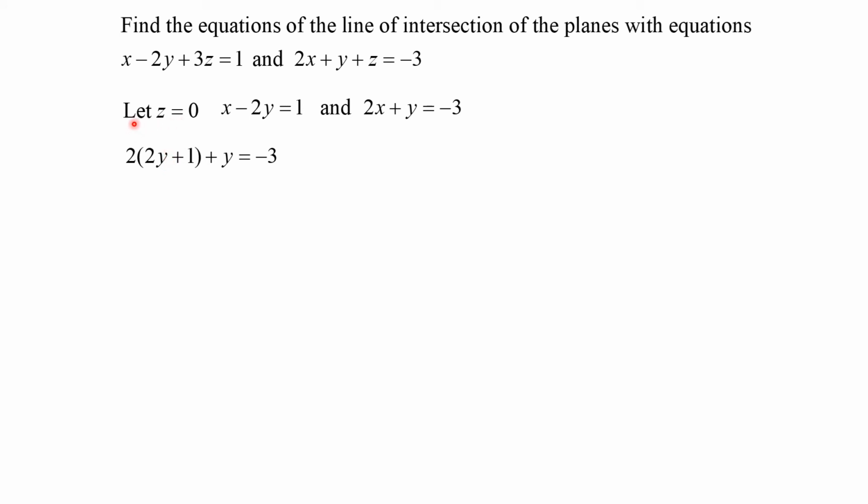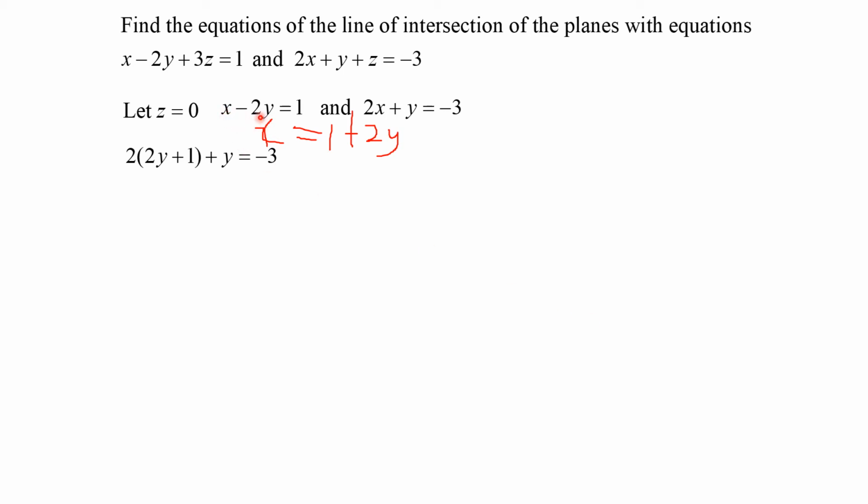What I did was I got x in terms of y. So I've got x as 1 plus 2y. I manipulated the first equation. So I substituted x as 1 plus 2y into the second plane equation.